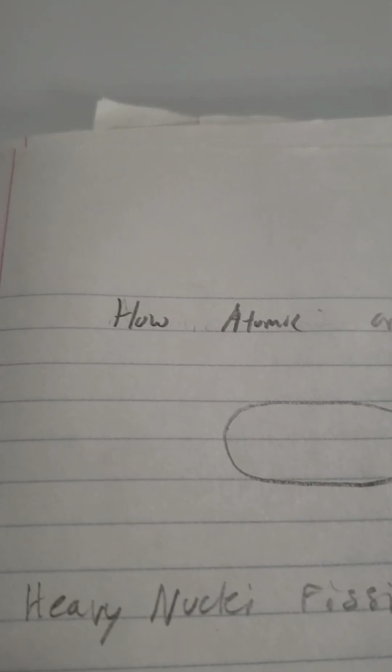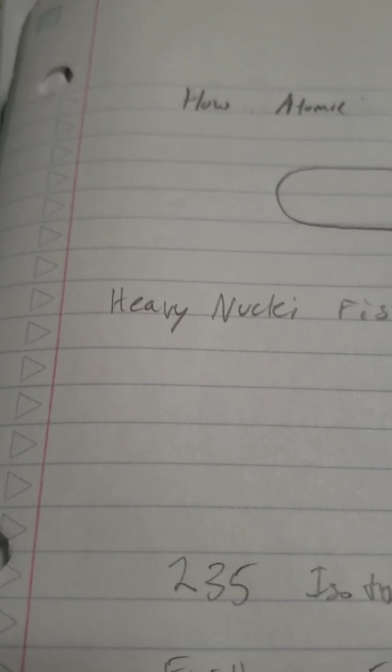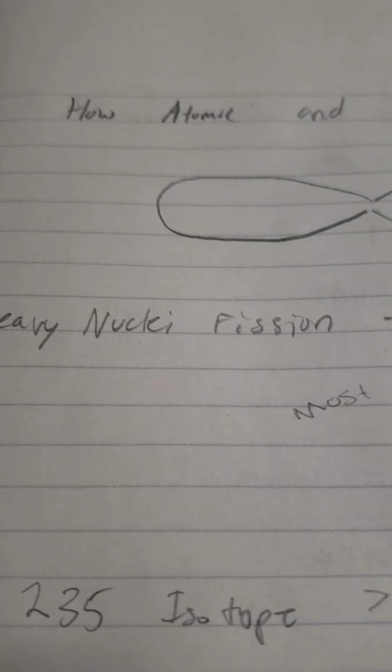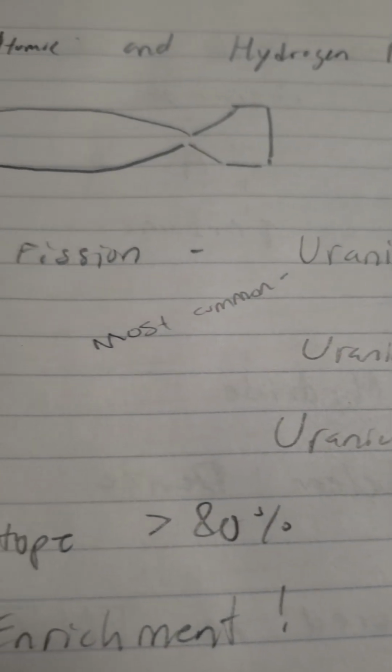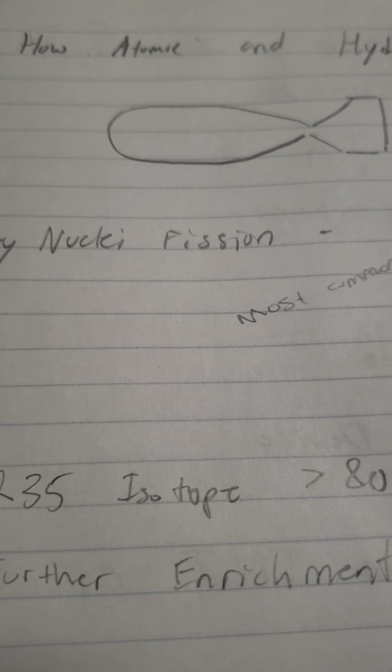In order to achieve maximum damage with uranium, the content of the 235 uranium isotope should be over 80%. As a result of that requirement, further enrichment of the uranium must be accomplished through a very difficult process.